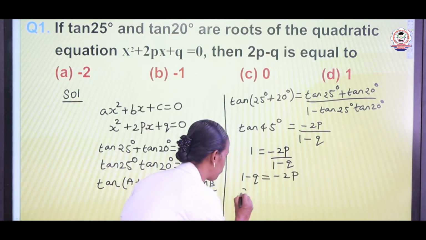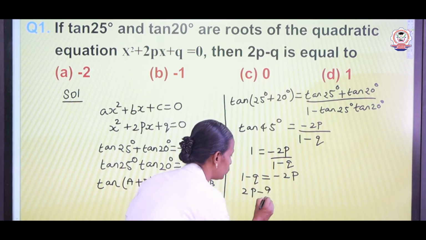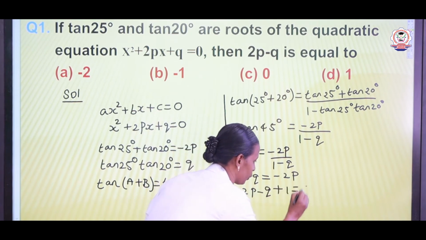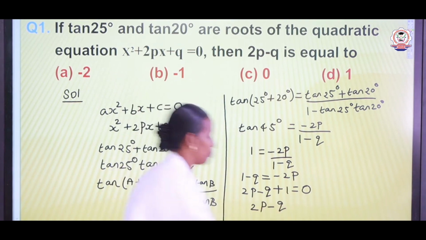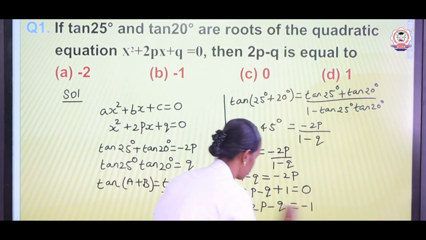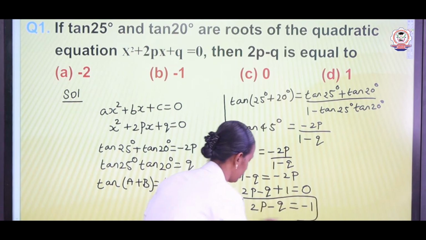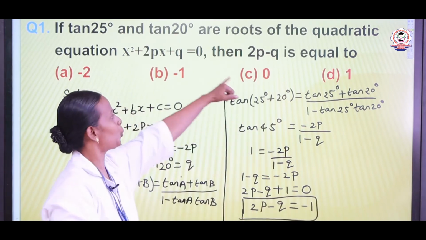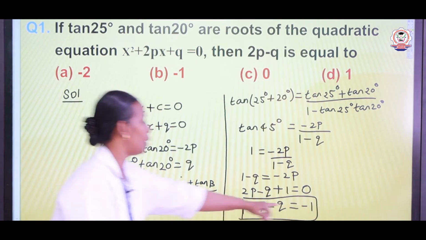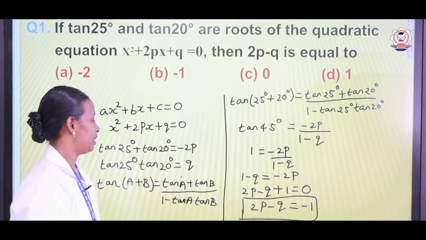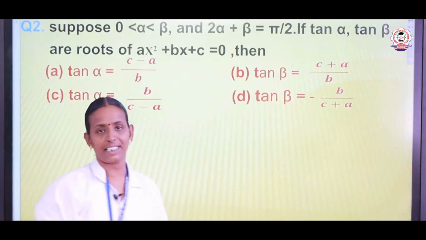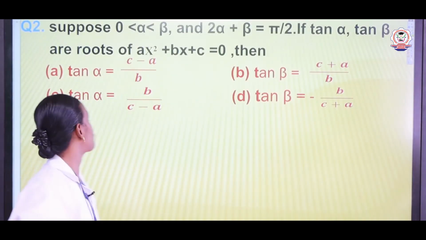So 2p minus q plus 1 equal to 0. 2p minus q is equal to what? Minus 1. So 2p minus q is equal to minus 1. Option B is your correct answer. Next, we are going to see the second problem.